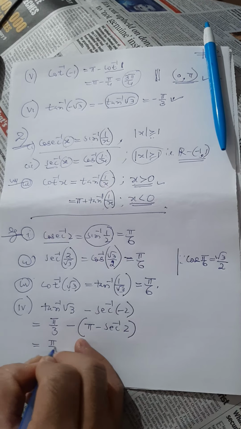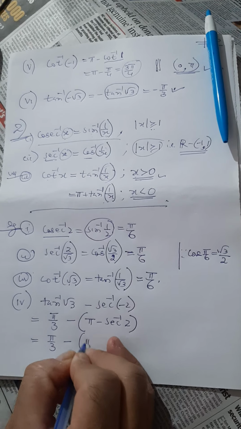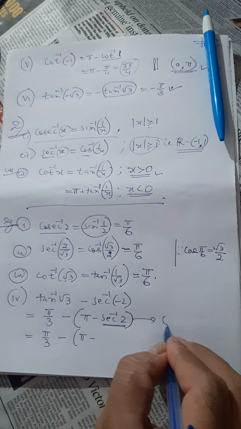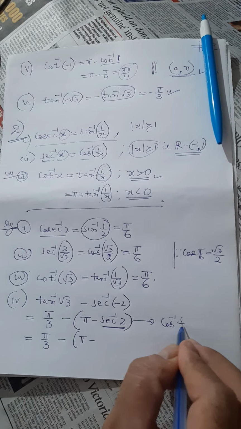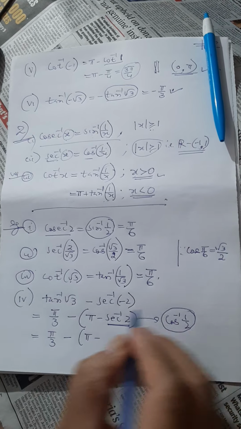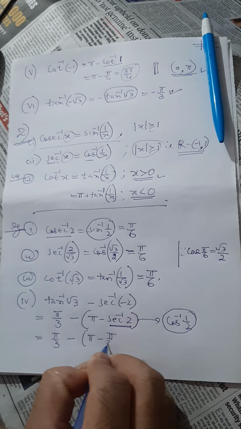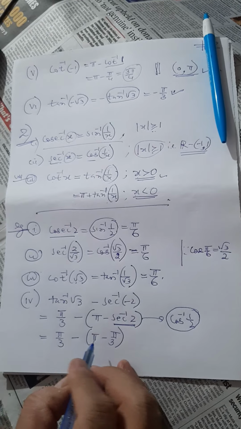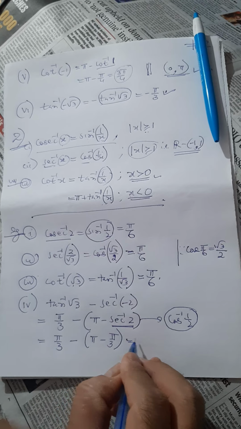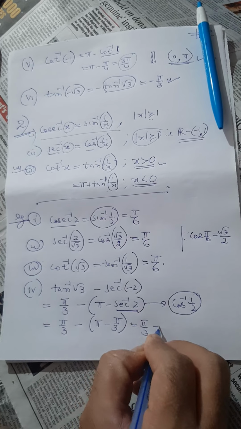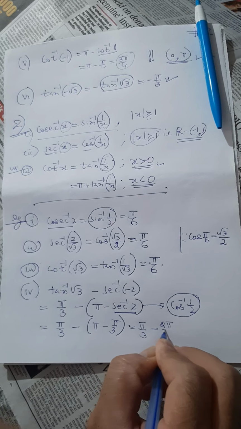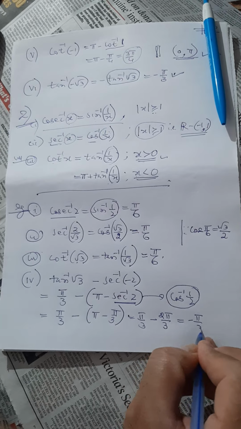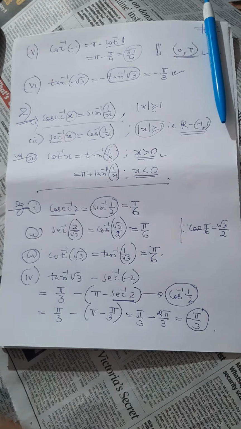As good as, this you can write as cos inverse 1 by 2, which is nothing but pi by 3. So if I simplify, this is pi by 3 minus 2 pi by 3, so it is just minus pi by 3. That is your answer.